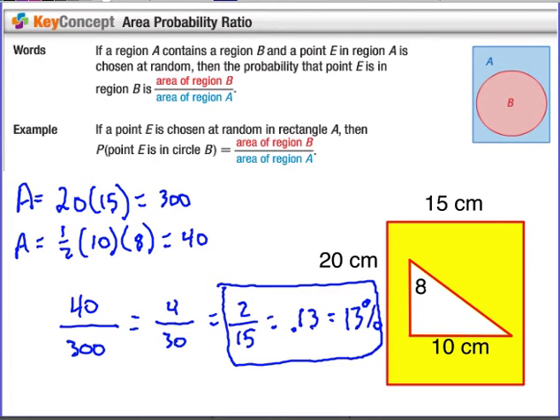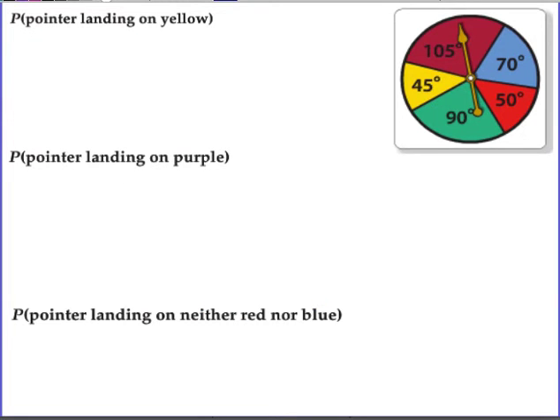Okay? We also can calculate based on circle sectors. And so we want to find the probability of the pointer landing on this yellow section, which is represented by 45 degrees. So knowing the degrees, how does that help us find the probability?